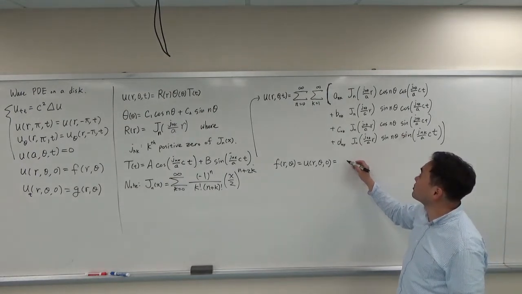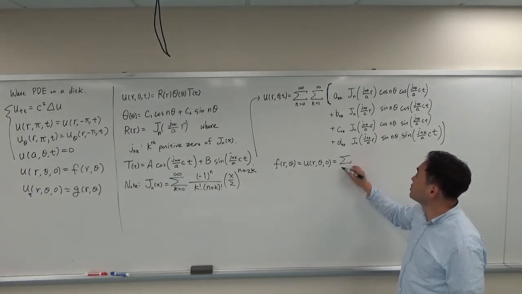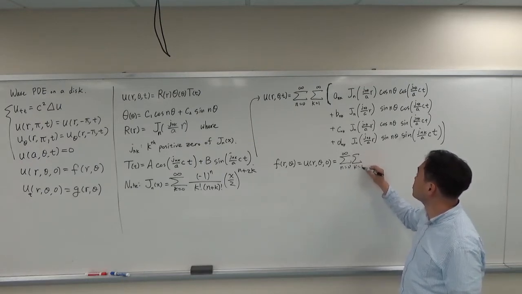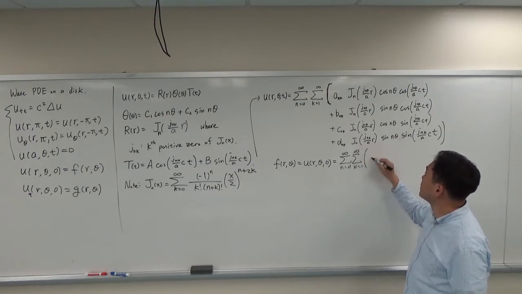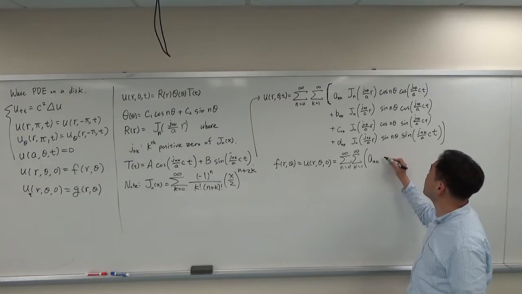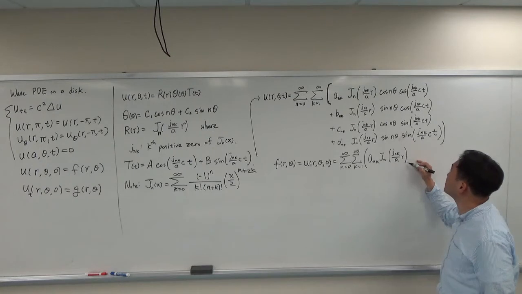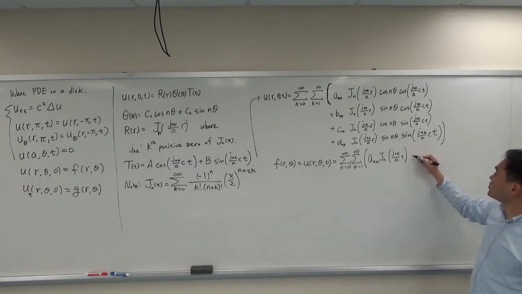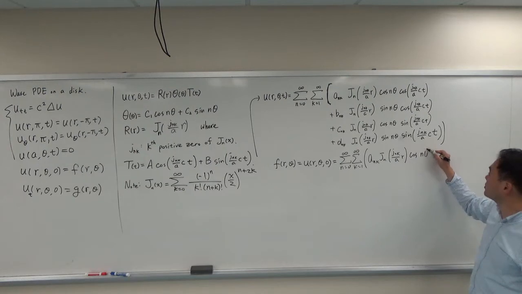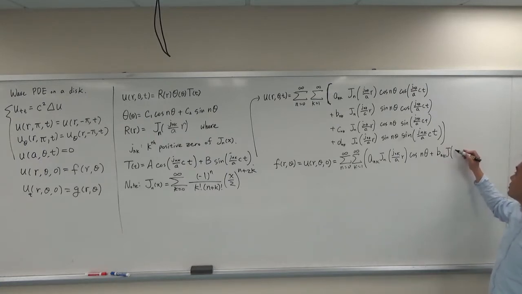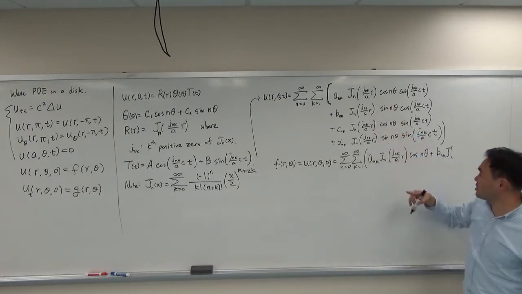Now we have the summation of n equals 0 through infinity, sigma k equals 1 through infinity, A_nk J_n(j_nk over a r), and then we have cosine n theta plus B_nk J. Oh, in that case, I guess I should have factored the J_n(j_nk r over a) out.